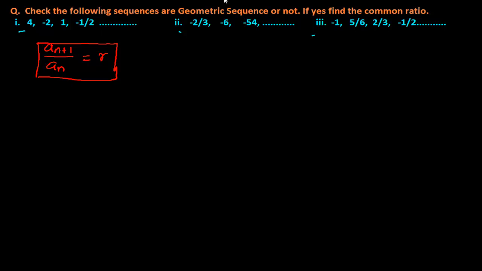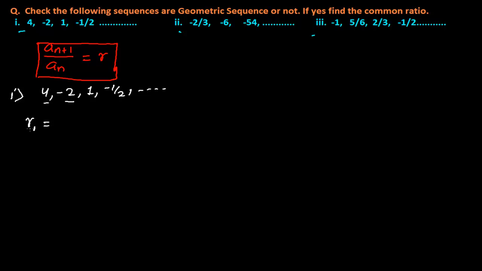So let's do our operation for the first sequence. Our first sequence is 4, minus 2, 1, minus half, and so on. Let me find the first common ratio by taking the second term over the first term, so I'm writing this R1. All the common ratios should be equal, so if I find R1, R2, R3, these should all be equal.